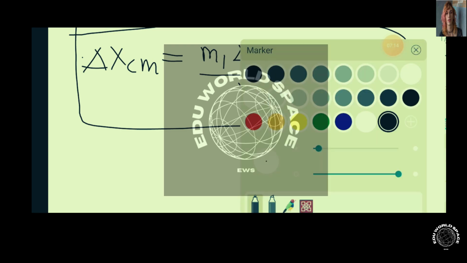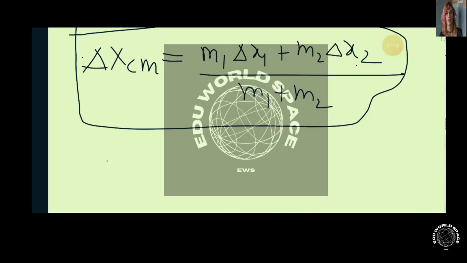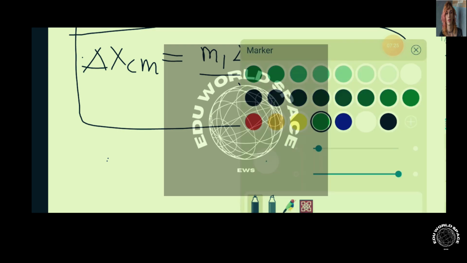So delta xcm, the change in position of x coordinate of center of mass, is unchanged, so I write it equal to 0.